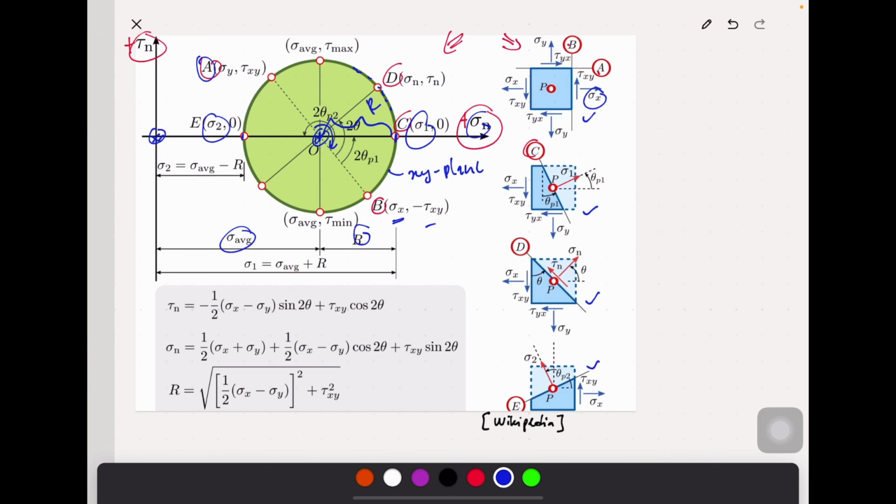So perhaps the circle, all right, for this example right here, 0 is located over there.